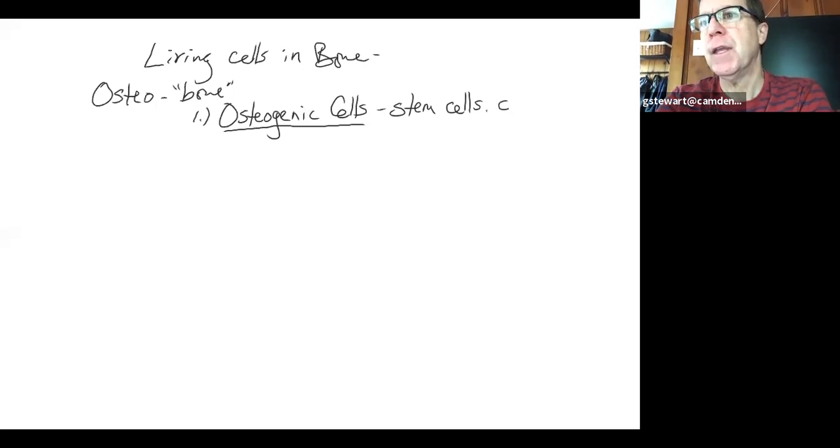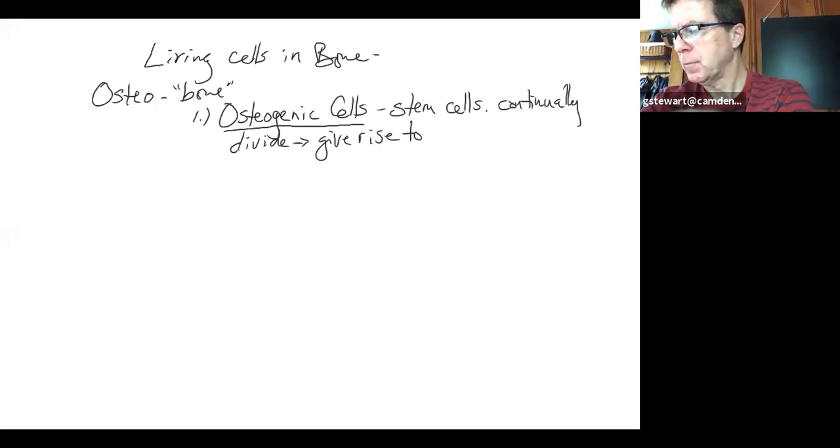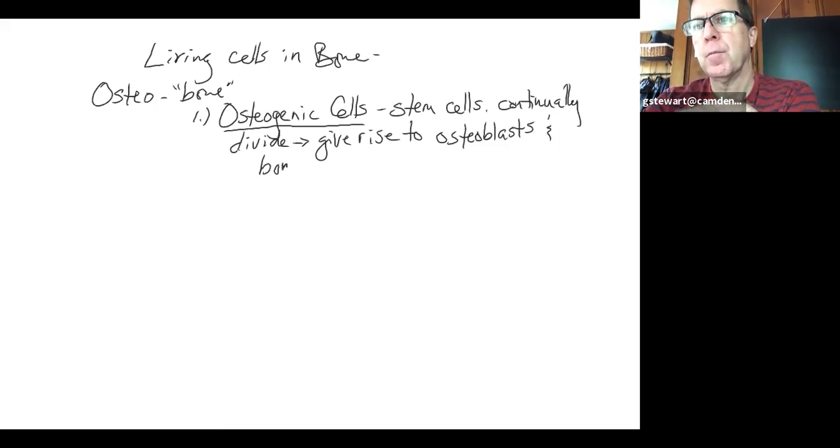They continually divide like all stem cells and give rise to new bone cells. So they give rise to different types of cells called osteoblasts. I'll be specific here. And bone lining cells.